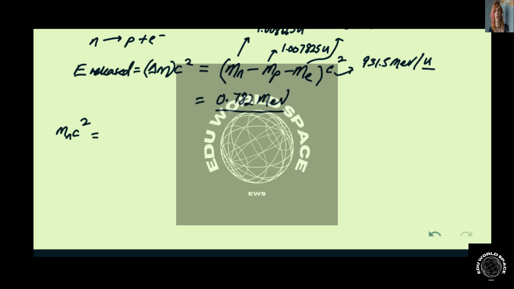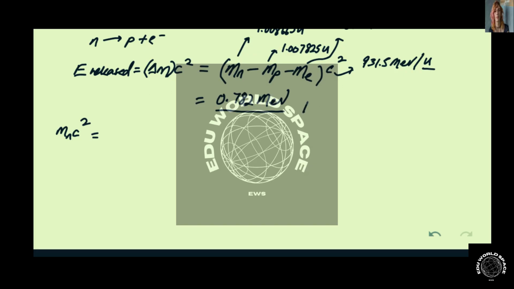This must be equal to the final energy of the system, which is not just the rest energy of our proton and electron, but also includes the momentum. So we have to account for total energy.